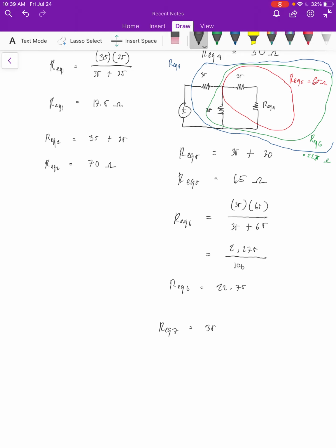So the final 35 ohm plus REQ6, which is valued at 22.75 ohms. So we're just going to add that with 35, and we have REQ7 is equal to 57.75 ohms. So in short, REQ7 is the total value of the resistor network.